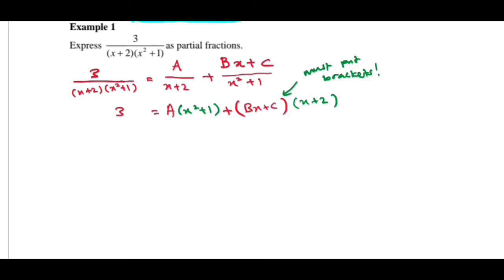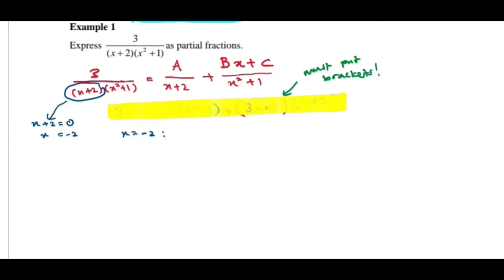Next, what is the best value of x that you should substitute in? So, same method applies. Look at the denominator on the left hand side and look at the factor one by one. So the first factor is x plus 2. Equate this to 0, so x is equal to negative 2. Your first number is negative 2. Substitute it into this yellow line.